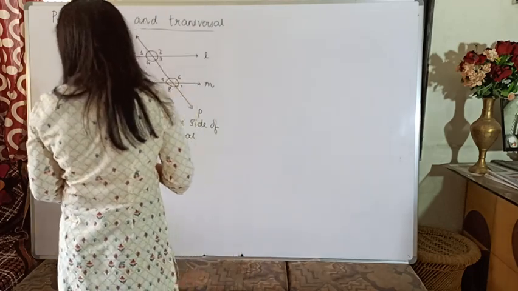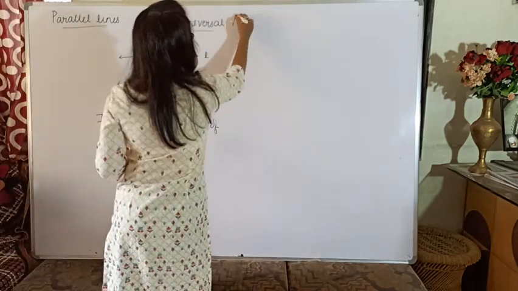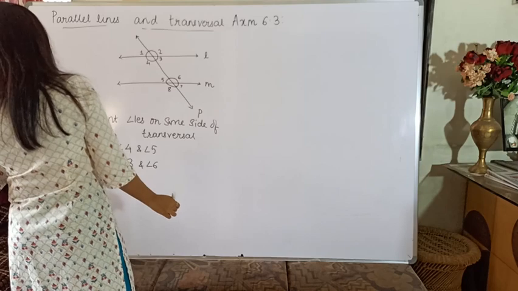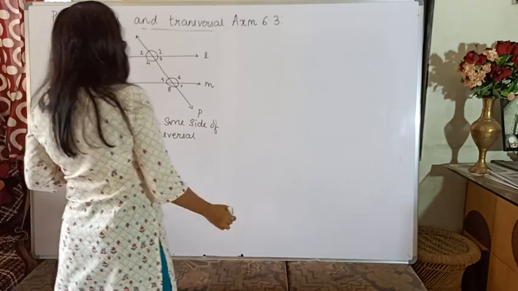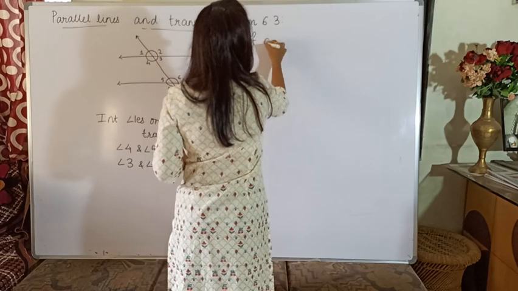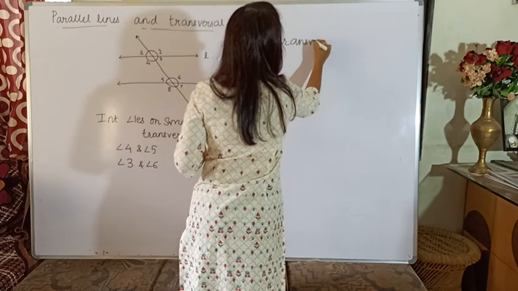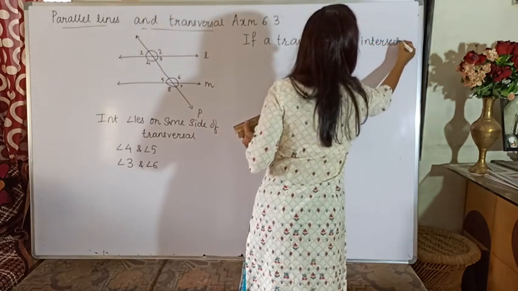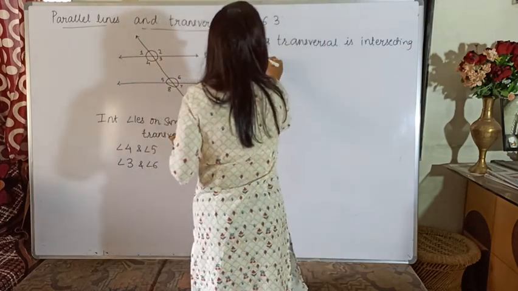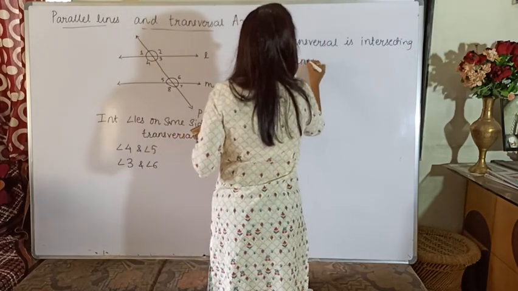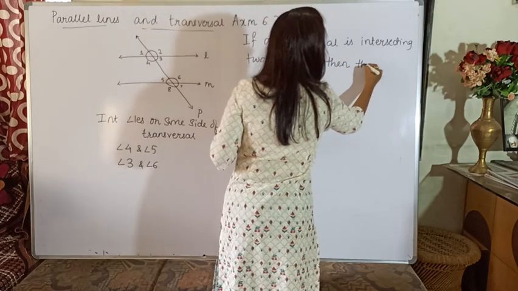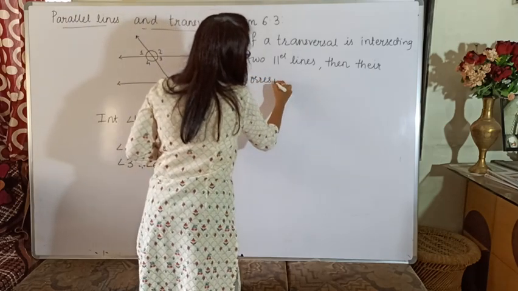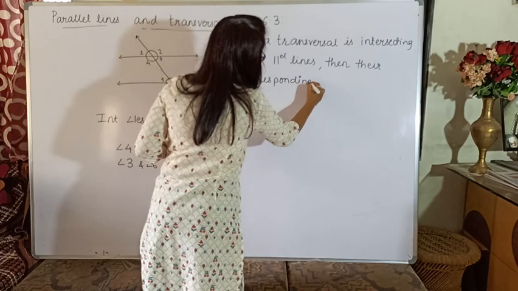The corresponding angle axiom, that is our axiom number 6.3, says: if a transversal is intersecting two parallel lines, then their corresponding angles are equal.